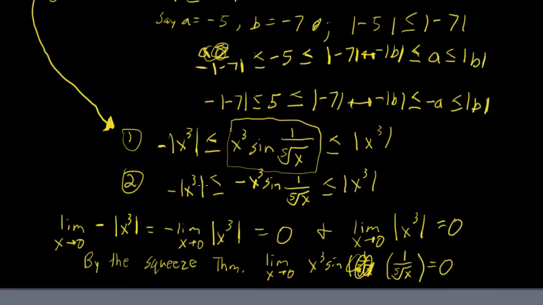So we were able to avoid having to deal with left and right limits, and we got the same answer as we did in the previous video when we did use left and right limits.